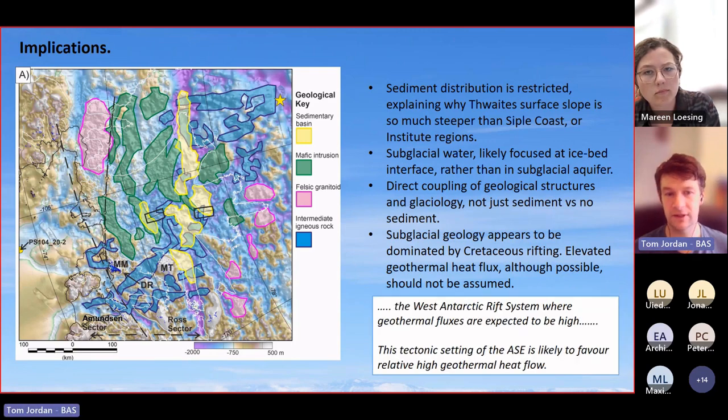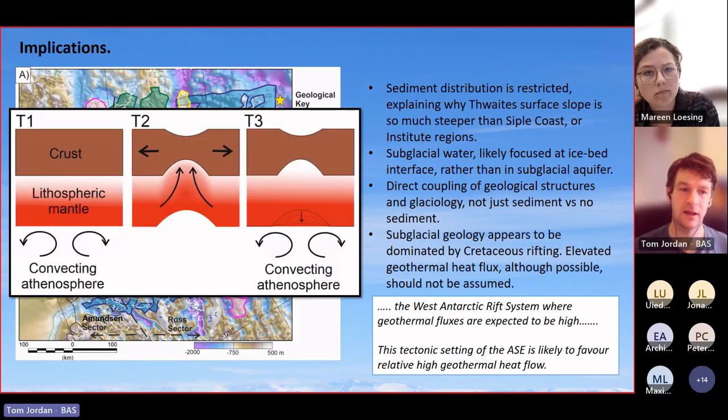And I've seen it in papers quite often: the West Antarctic rift system, where geothermal fluxes are expected to be high, this tectonic setting of the ice is likely to favour relatively high geothermal heat flux. And a lot of this seems to be based on the paradigm that, oh, it's rifted, so it must have high heat flux. And that I don't think is true.